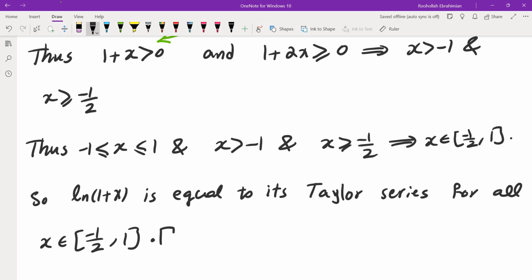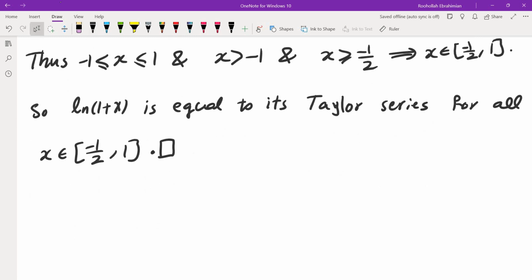However, it turns out that ln of 1 plus x is in fact equal to its Taylor series for every x from -1 to 1. So in fact it is true that the equality holds not only from -1/2 to 1, but it holds from open -1 all the way to 1. It doesn't hold for anything else, but it does hold for that.